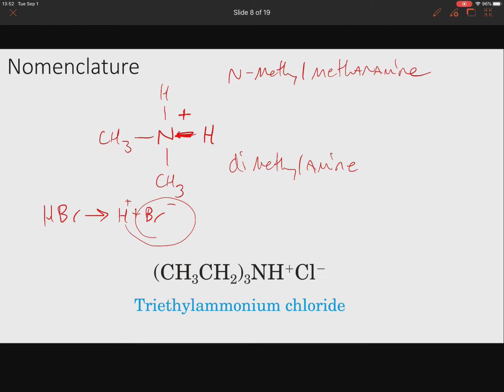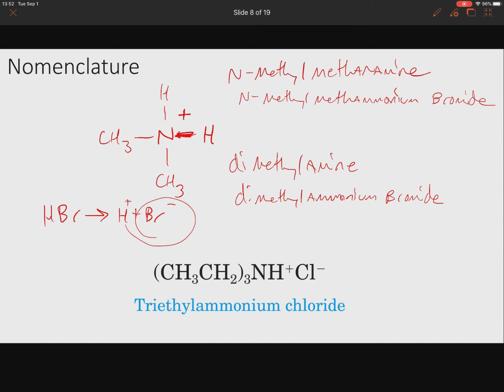So the new name would be dimethylammonium bromide. Or this one would be N-methylmethanammonium bromide. N-methylmethanammonium bromide. Dimethylammonium bromide.